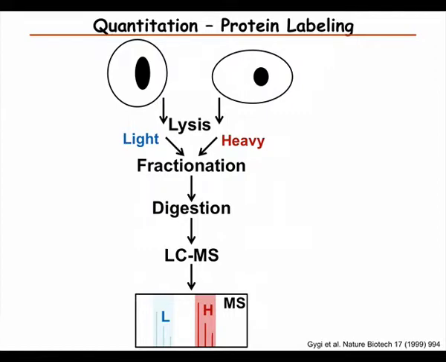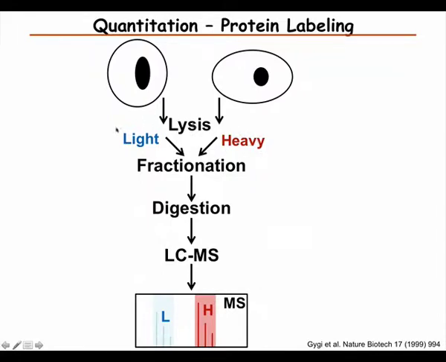Now people have tried to introduce heavy labels at every stage of this experiment. Probably one of the first ones came out of Rudy Aebersold's group, called ICAT, which could be used to label proteins or, after digestion, peptides.